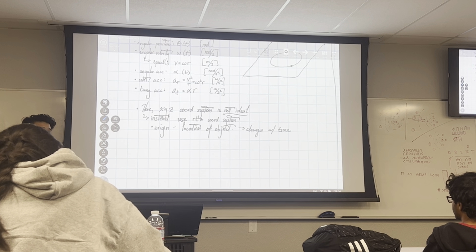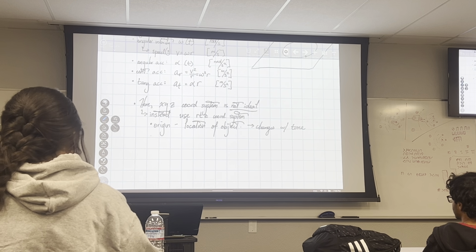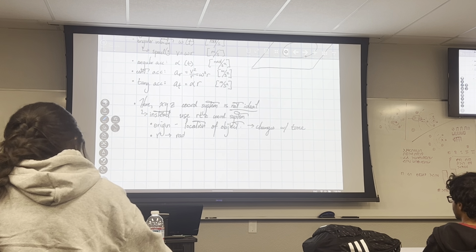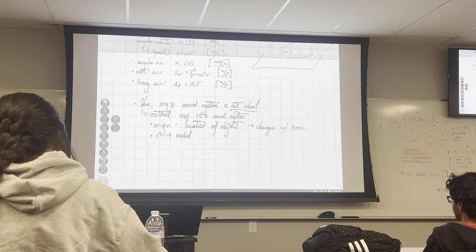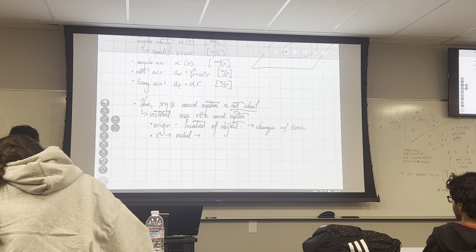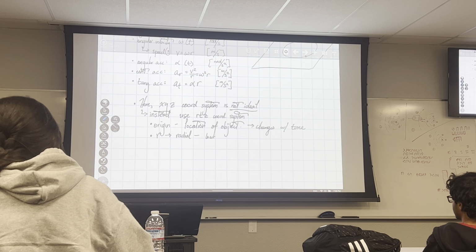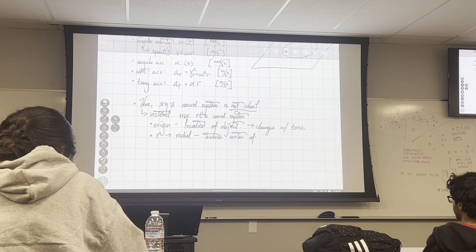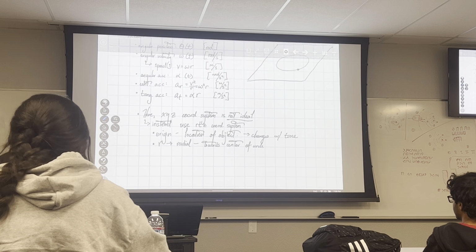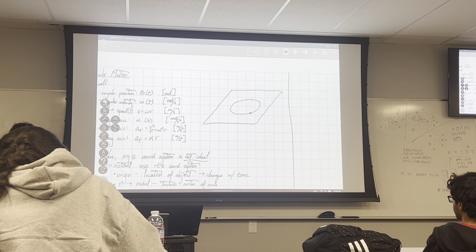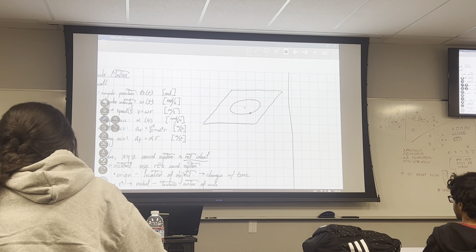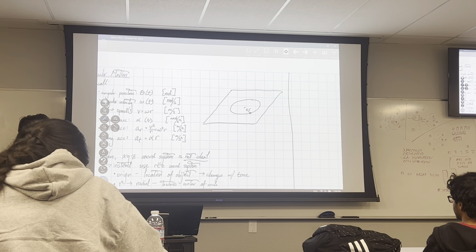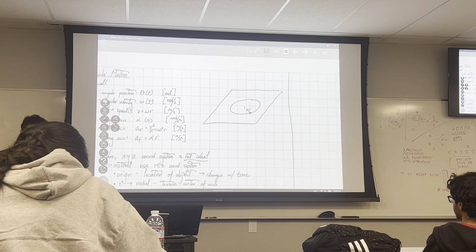Then we have the R, T, and Z directions. R is the radial direction, and this is towards the center of the circle. So if the object is here and the center of the circle is there, this will be the R direction.